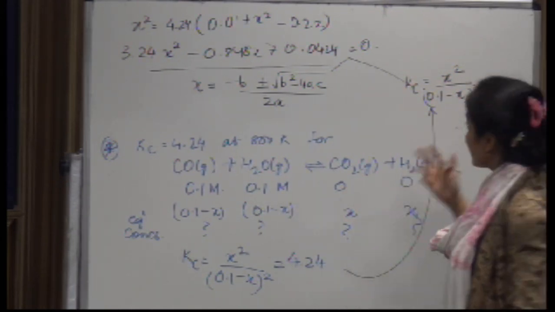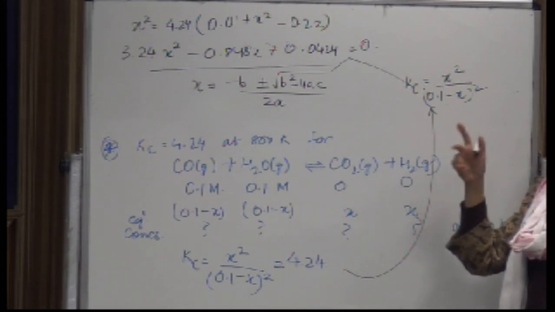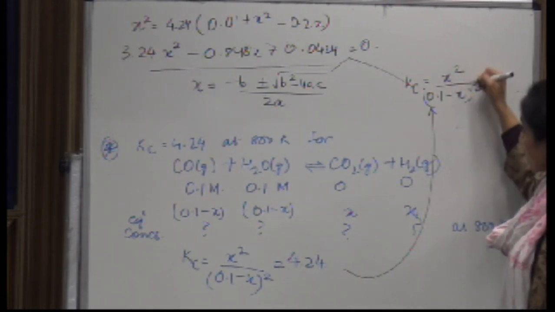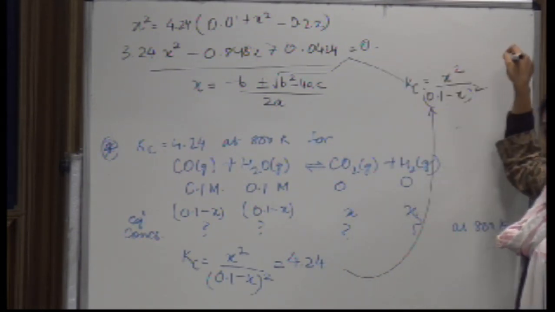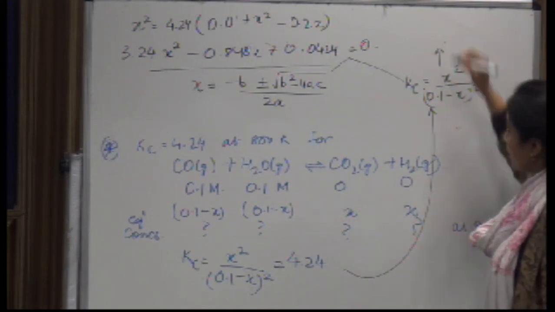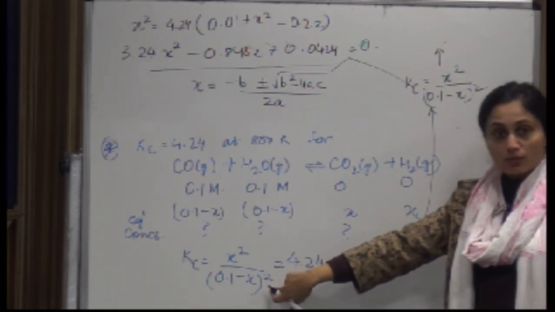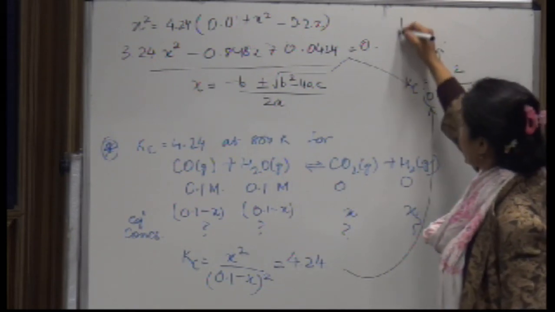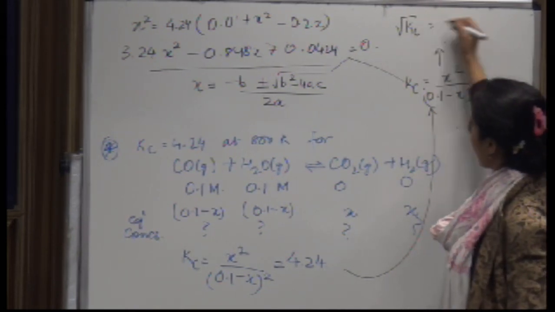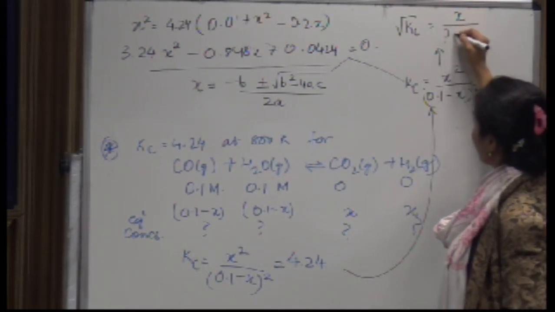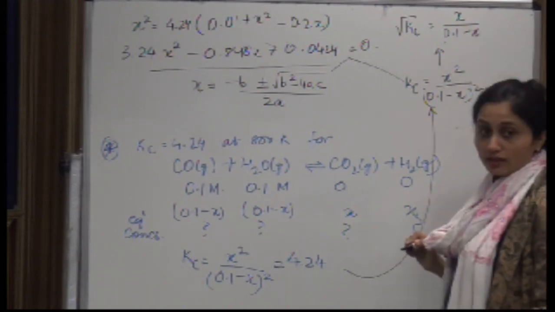Alright. Now in this case you should be able to find the square root, because you take the square root of the entire expression. What will happen? Till this expression everything was clear. You will take the square root of Kc, which will now be equal to x upon 0.1 minus x. Looks simple.